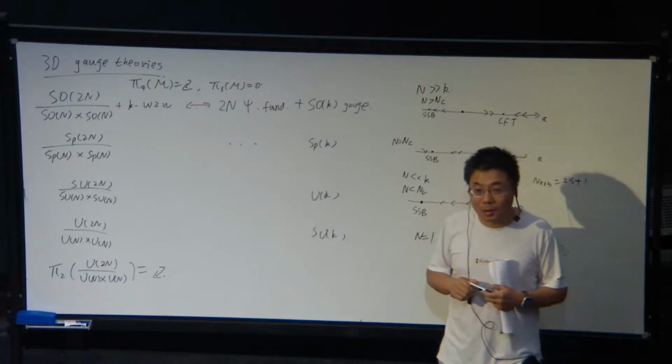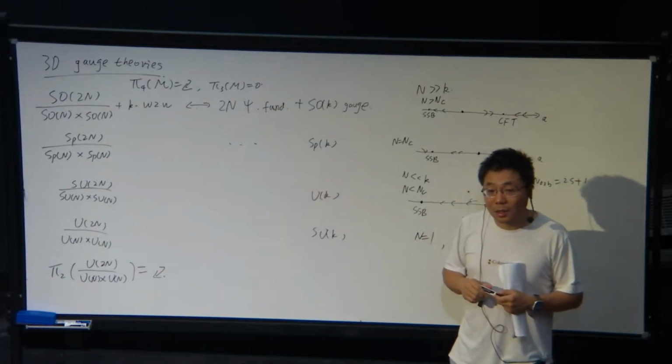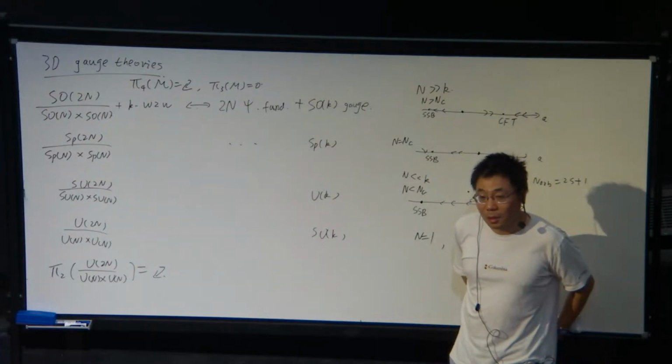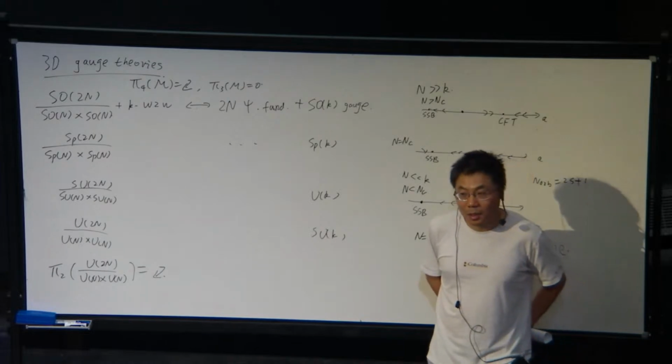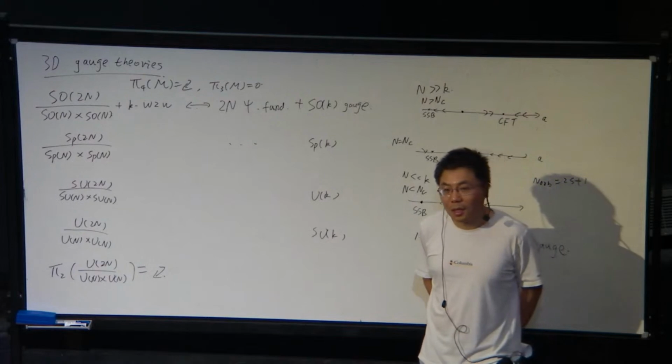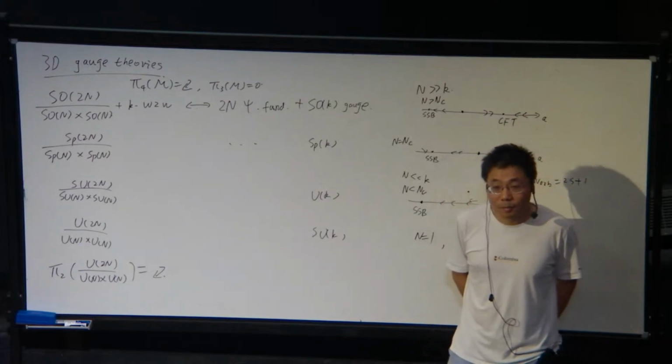It's kind of surprising because in previous simulations of this model, people found that the correlation length is really huge. In some units, it was several hundred lattice spacings.